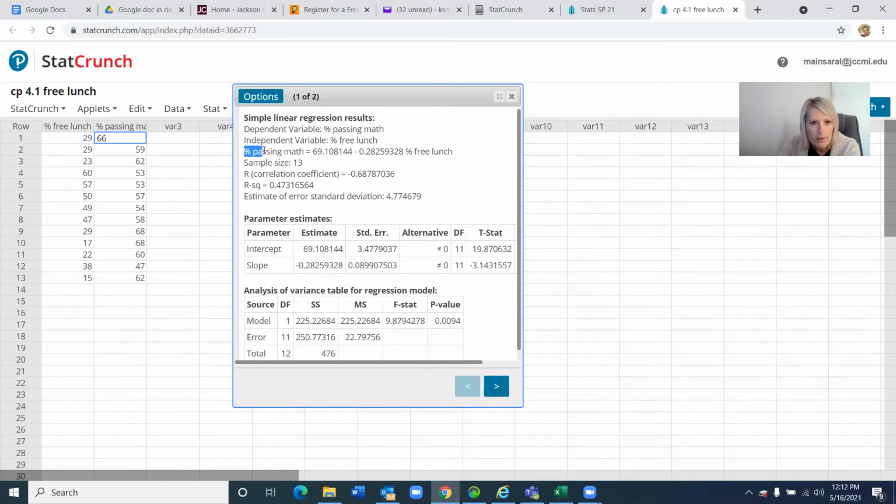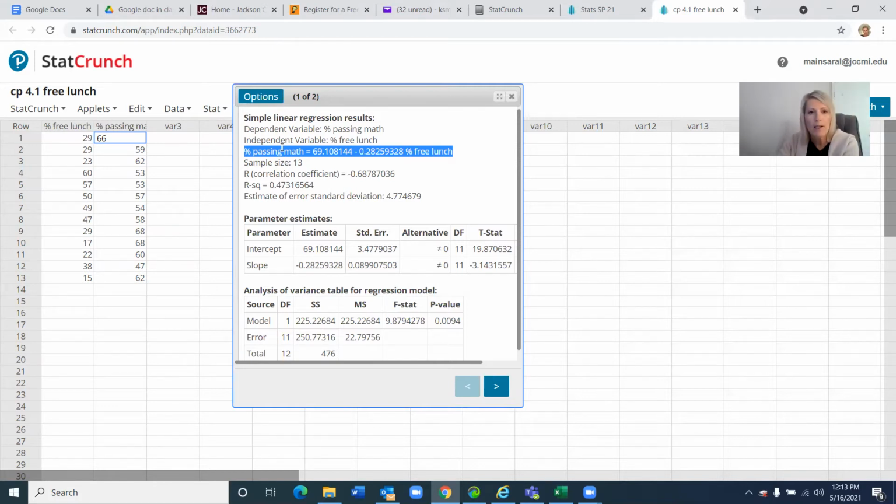You do want to notice this right here where it says percent passing math equals. This is our equation, and you've probably done linear equations before in an algebra class, where it was y equals mx plus b, and we're going to talk about that in lesson 4.2. But this is our y equals mx plus b, except we said that we're going to call y percent passing math. They wrote the words percent passing math, which I think is great because that's how we remember it.